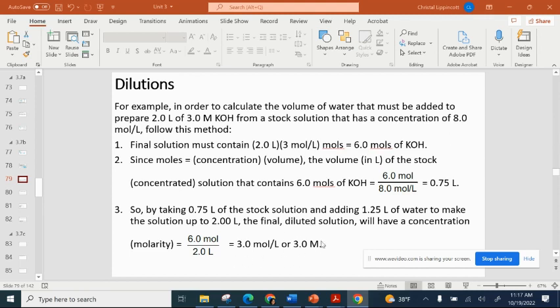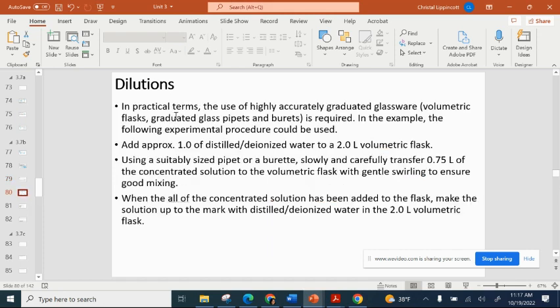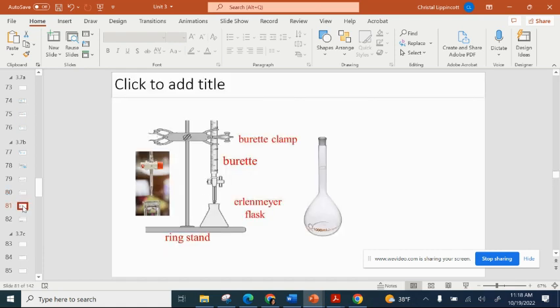I think my way is easier, but this is another option if you want to look at the way they did this. What's your M1V1 equals M2V2. Okay. So this is kind of how to use some of that equipment. You guys can look through this. It's pretty much what I just went through as far as how to get things done.